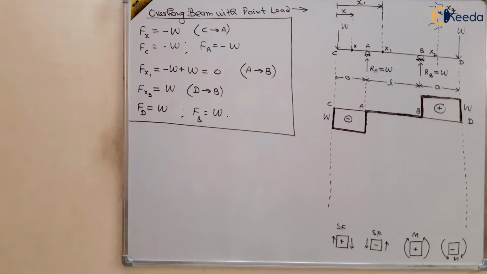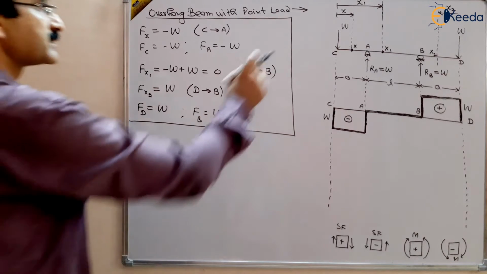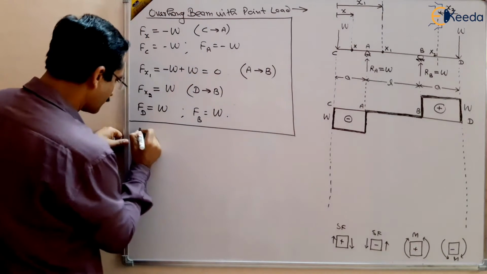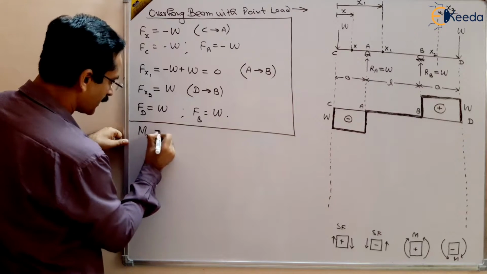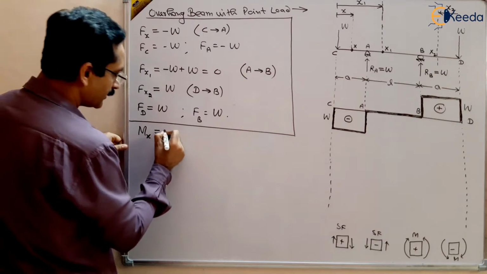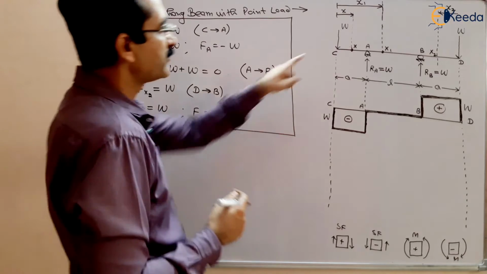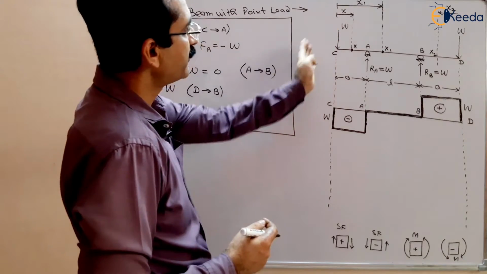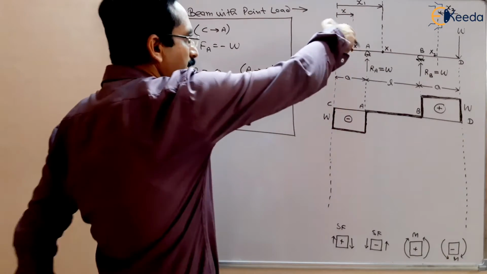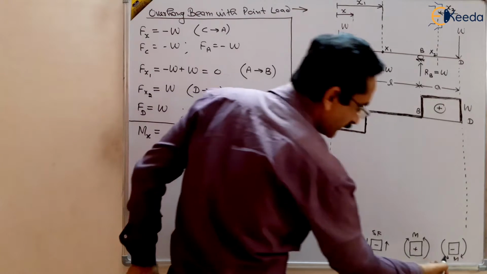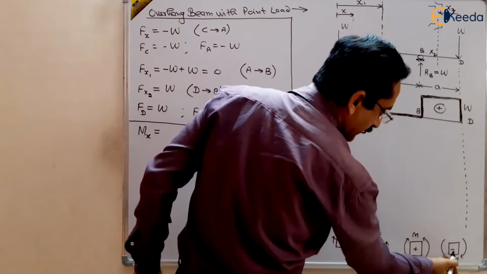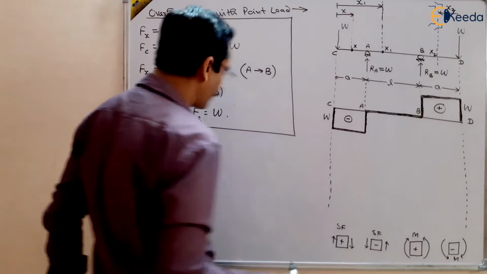What is the moment of W about X? That will be W multiplied by the distance. Distance is X. So Mx will be equal to W, and whether it is positive or negative, left anti-clockwise, it is negative, right? Hogging bending moment.